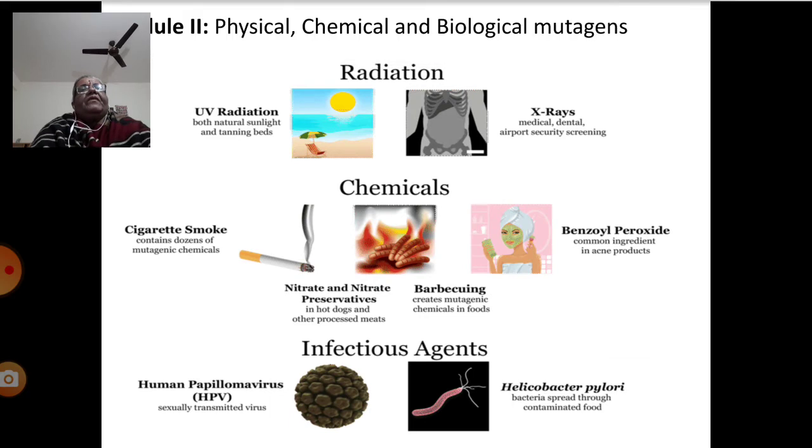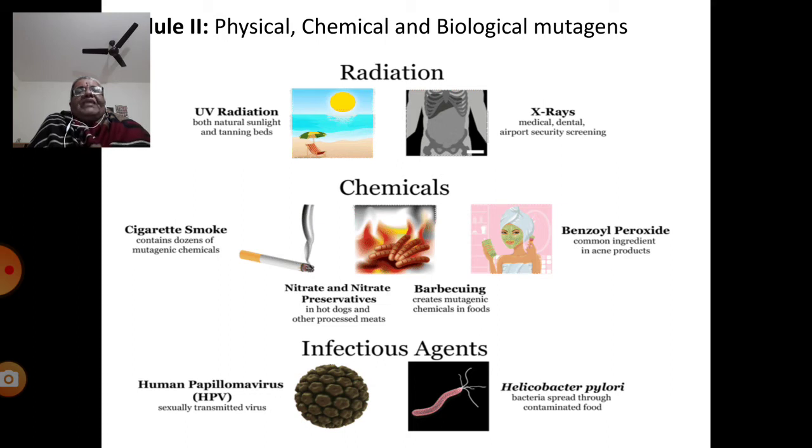Now, here you can see a plate. So this topic belongs to module 2 or unit 2 and is about physical, chemical and biological mutagens. You can see here the UV radiations and X-rays, which do serve as mutagens, okay, under radiations.